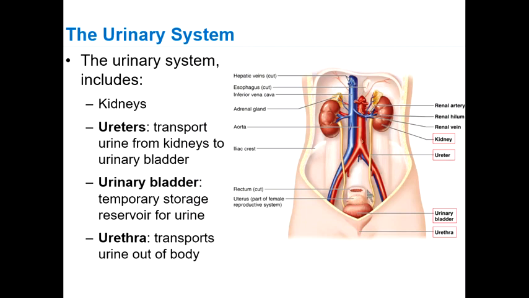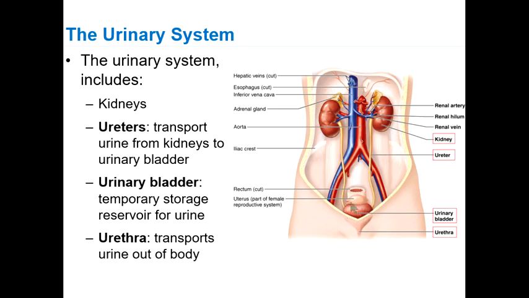So here are the organs of the urinary system. Of course, the main ones are the kidneys, where the urine is produced. The kidneys are connected to the urinary bladder through these long tubes that are called ureters, and the ureters are going to transport the urine from the kidney to the urinary bladder, both on the left and on the right.